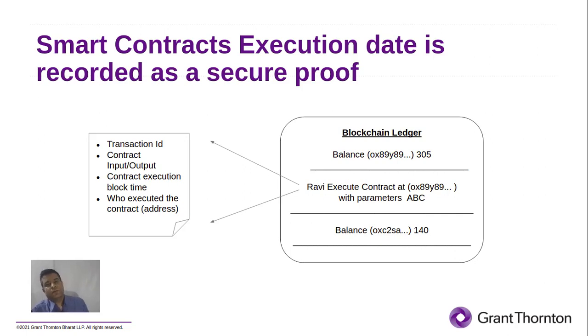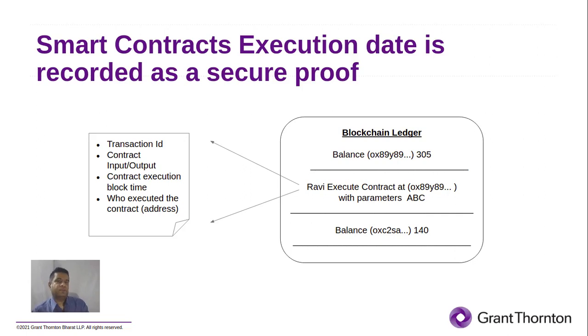A certain execution is recorded exactly like the transaction timestamp is recorded, which makes it further beneficial for auditability and enforceability, because the date of execution is an important part of a contract, either related to its terms or just for transparency purposes.